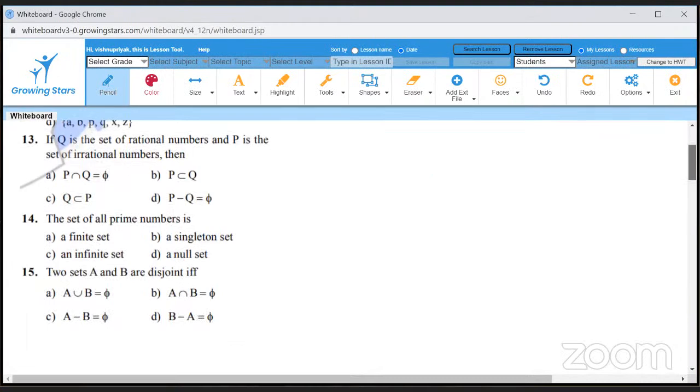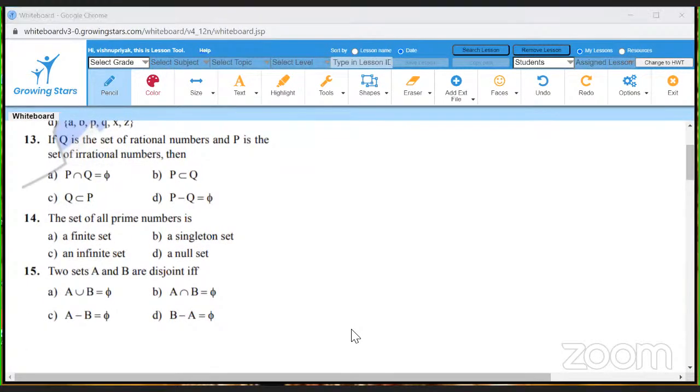Okay, next, 13. Oh, Lohit already did 13, then got A. If Q is the set of rational numbers, P is the set of irrational numbers.